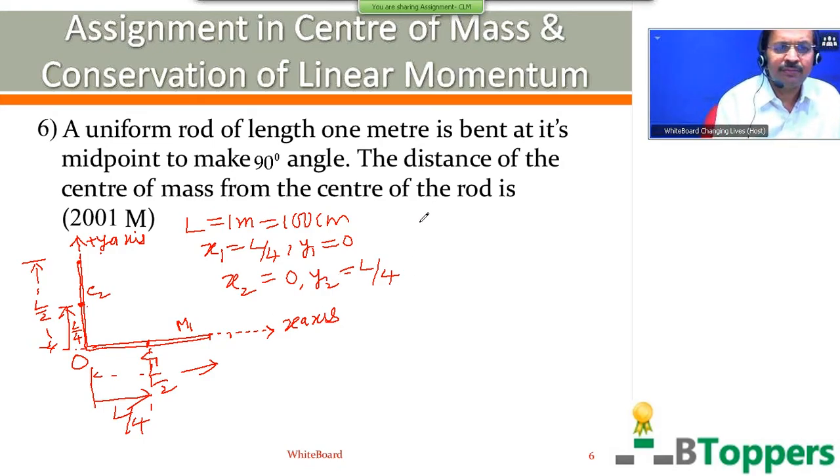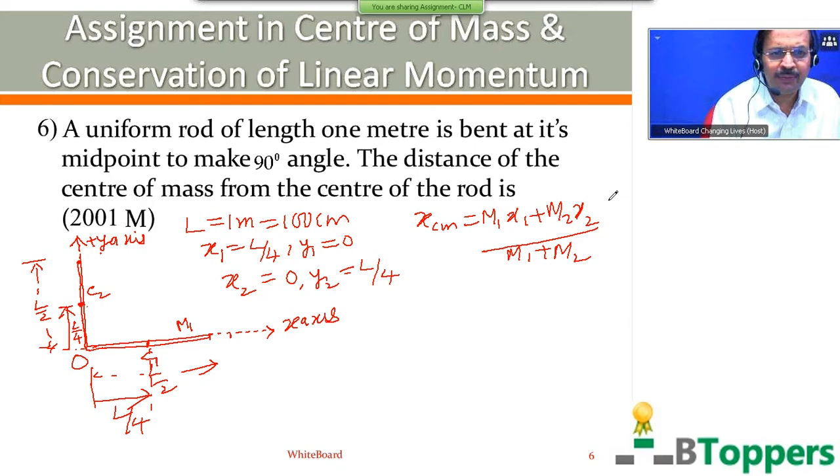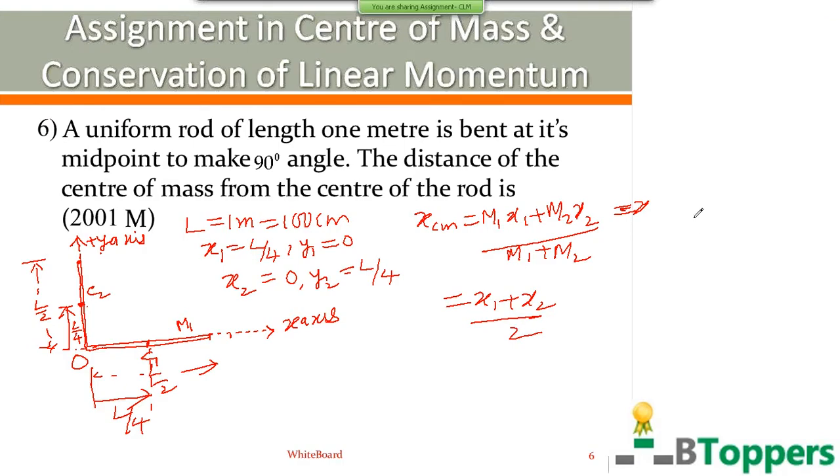Both the parts have the same mass. So the x coordinate of the center of mass is given by m1 x1 plus m2 x2 by m1 plus m2. If m1 and m2 are equal, you can write x cm equal to x1 plus x2 by 2.